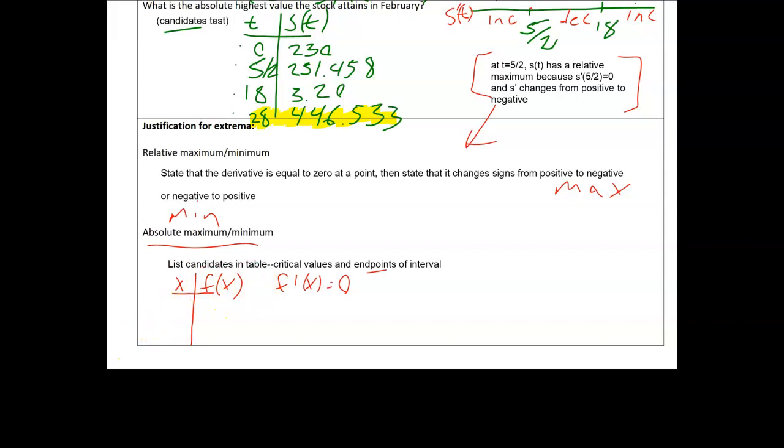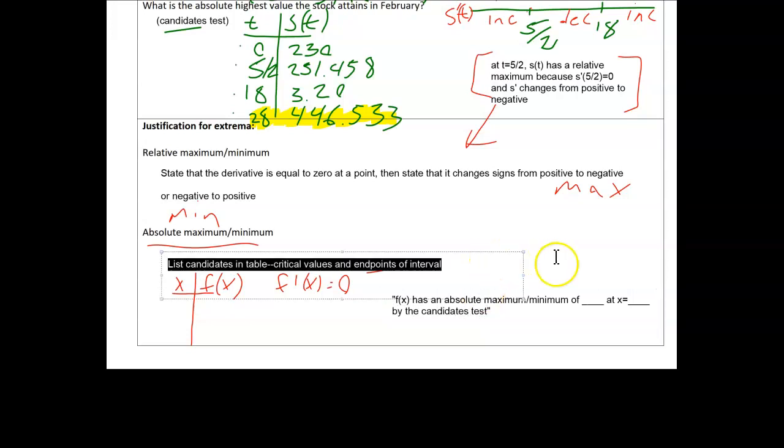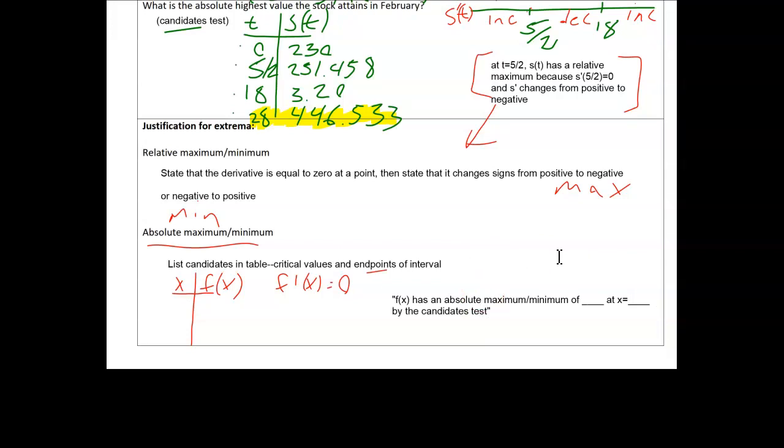And then we're obviously going to pick the biggest or smallest one, and we'll describe the maximum from our table, and we're going to say then by the candidates test. So it will reference this test as if it's a known thing, and they're going to know what you're talking about. Okay, so the idea is not super complicated. We're going to do a little bit of practice a bit later in the module of writing these justifications correctly.